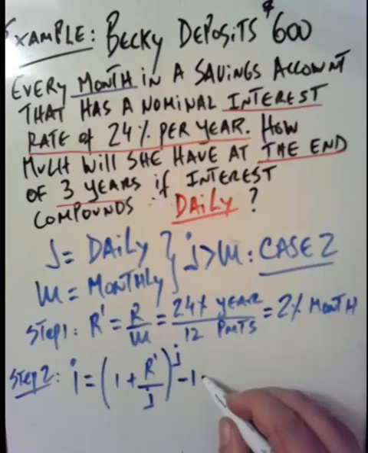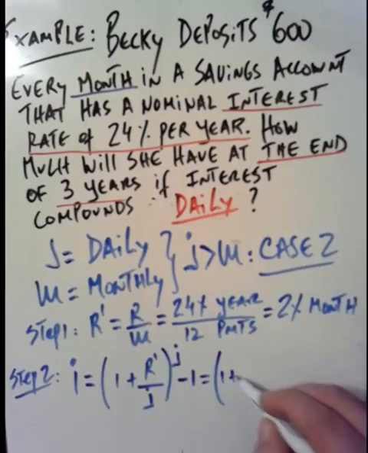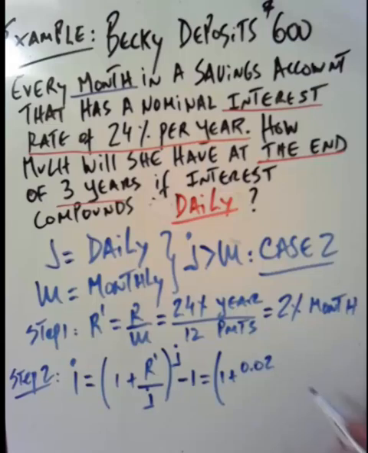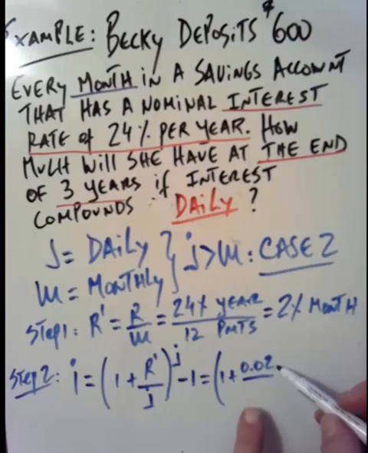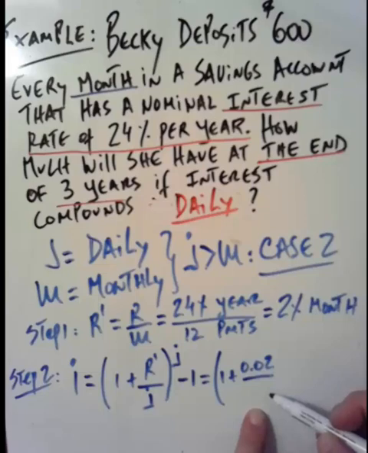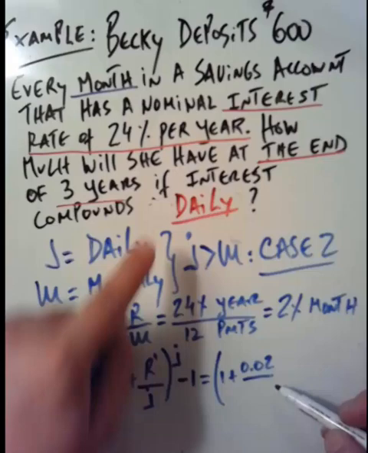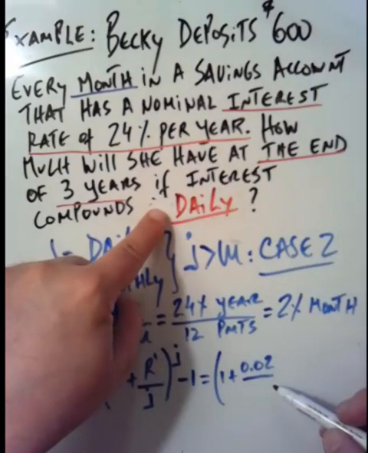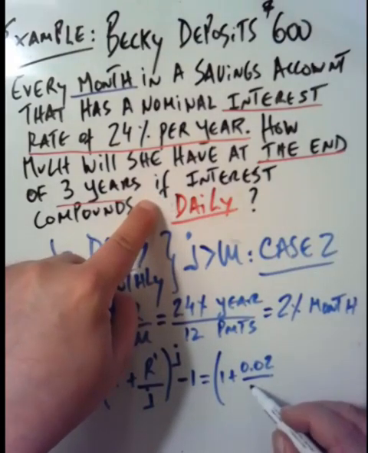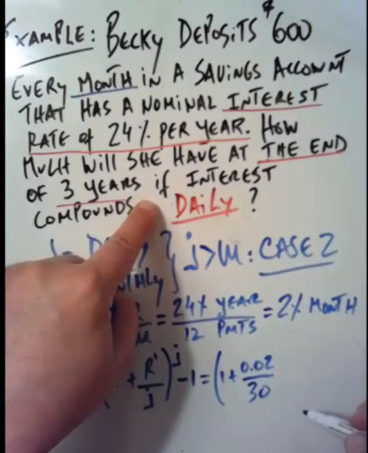So the computation will be 1 plus 0.02, again the interest rate is being written in decimal form, divided by, so this is 2% per month, and then you have to ask how many times interest is going to be compounding in between months. So if the interest compounds daily, in terms of accounting, there are 30 days per accounting month.